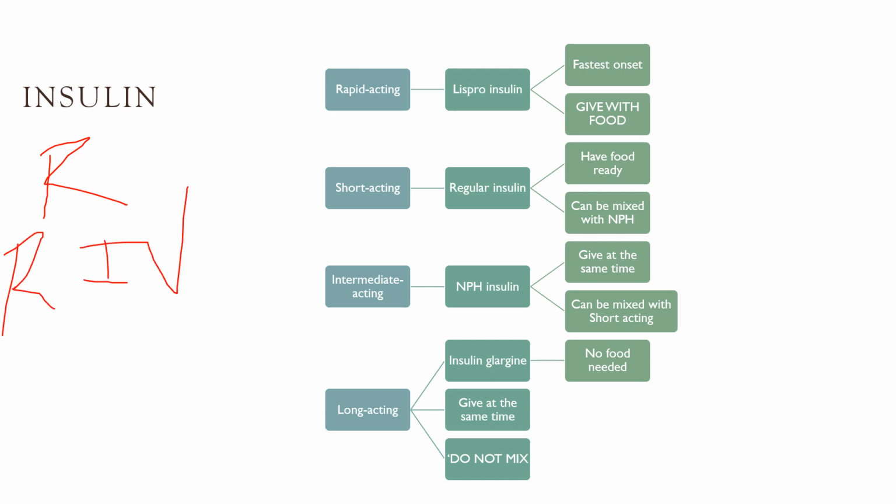So the only insulin that can be given IV is regular insulin. None of the others can be given IV. Like I said, we're going to mix insulin in class, I believe, week 6, and I'll show you how to do that. We are going to have our NPH insulin, which should be very cloudy. And if any of the other ones are cloudy, you need to throw it away.